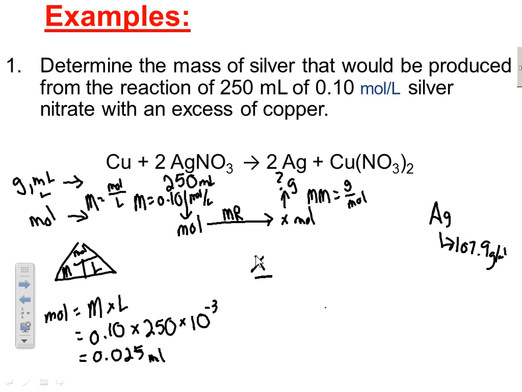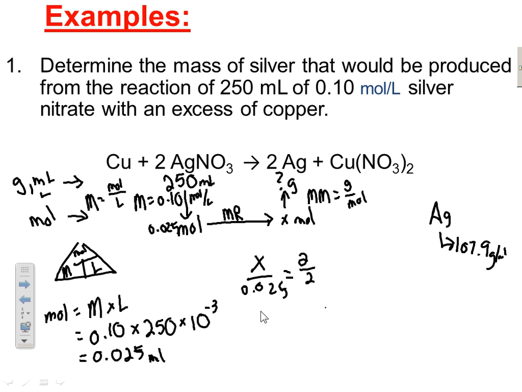X over my 0.025, I just calculated it, 0.025. My 5s aren't looking very good today. X over 0.025 is equal to 2 over 2. That's not very exciting, eh?